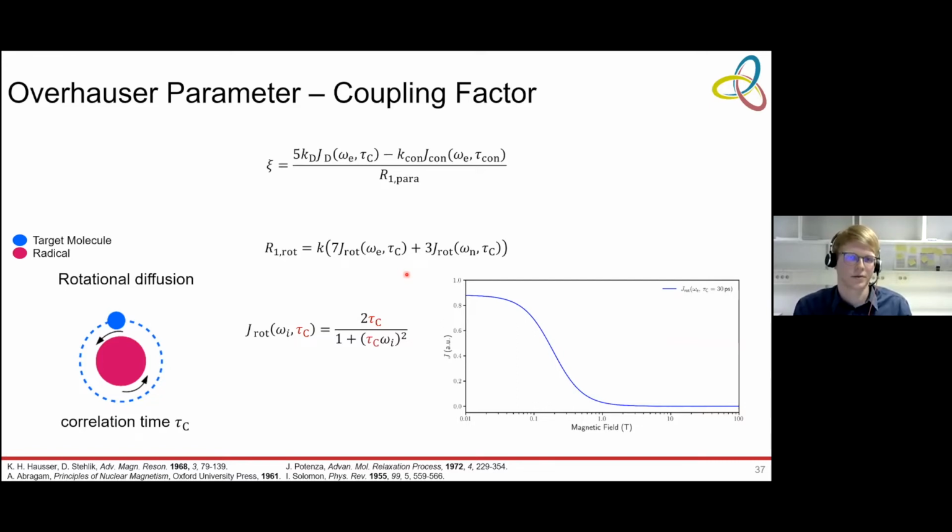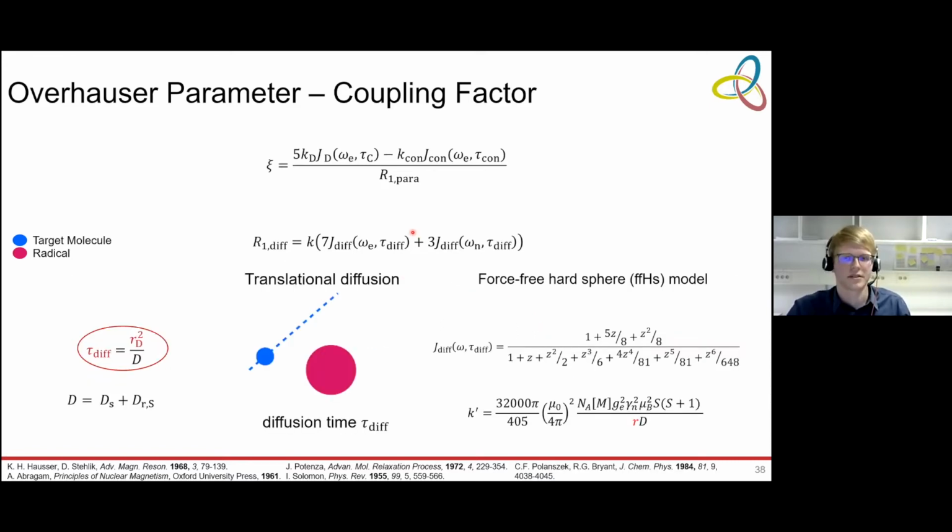If we now go to the next one, which is the translational diffusion, we usually employ the force-free hard sphere model, which was introduced by the Fried group, and they derived such a spectral density. It's a rather long expression, but the important parameter here is the correlation time, which is defined as the distance of closest approach over the local diffusion coefficient.